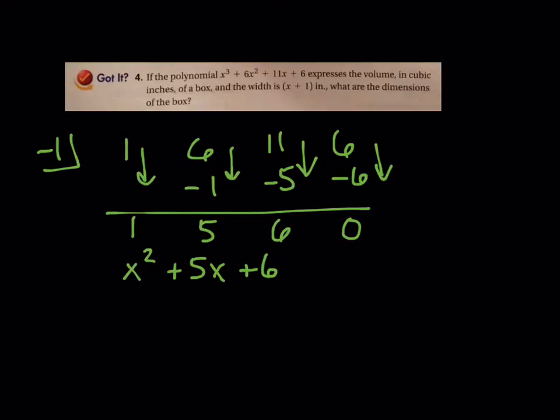Then I can break that down either by factoring or the quadratic formula. This looks pretty easy to factor, so I'll try that. We have a 6 and a 5, and it looks like 1 and 5 are going to work. So this is x plus 1, and let's see. Oh, nope, that's not right.